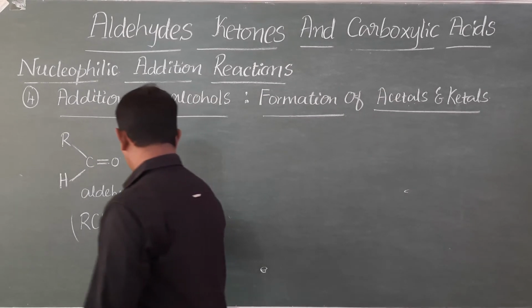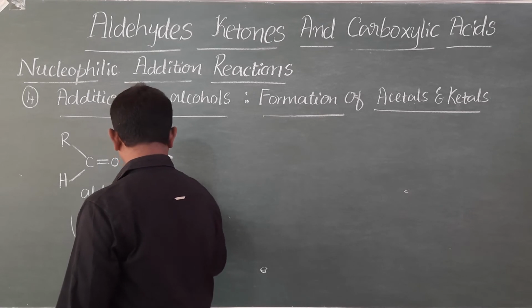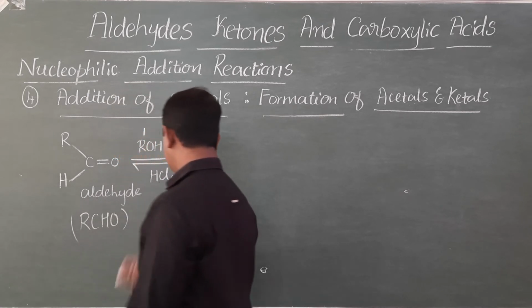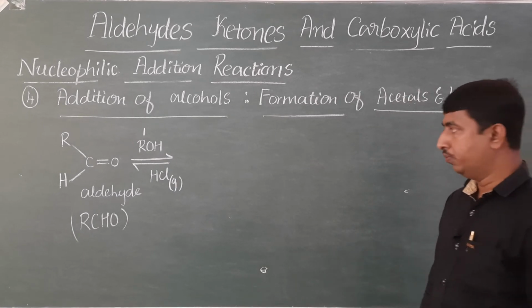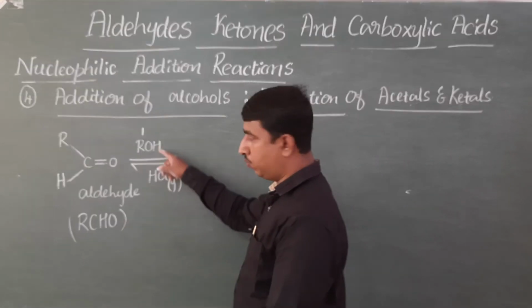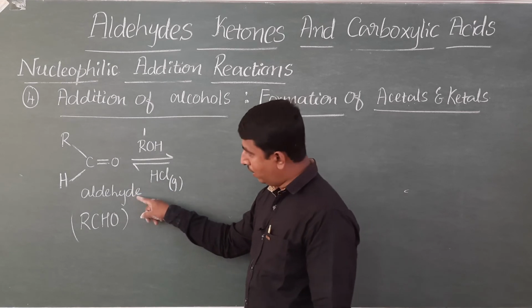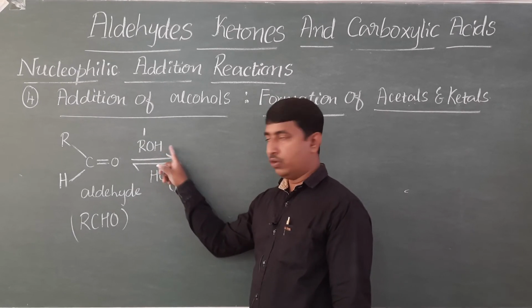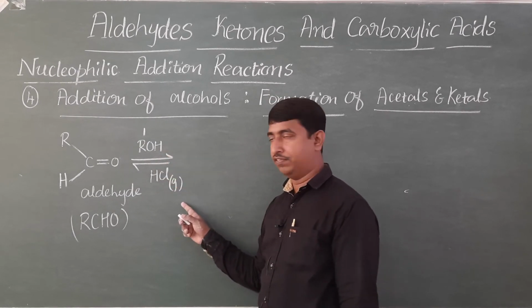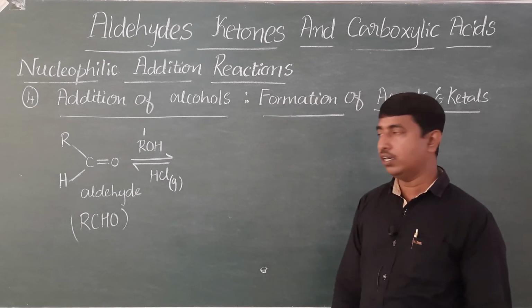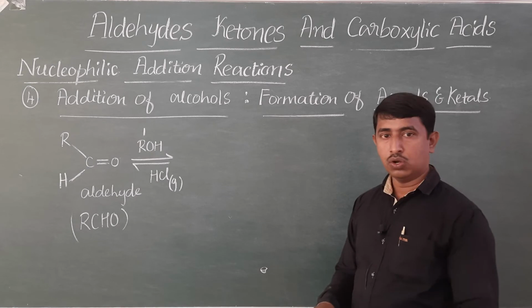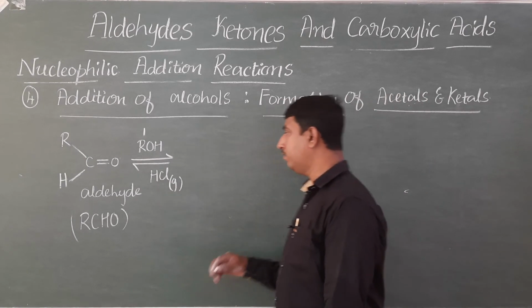A catalyst is used, that is hydrogen chloride gas. So aldehydes react with monohydric alcohols in the presence of dry hydrogen chloride gas. Now what is the role of hydrogen chloride?